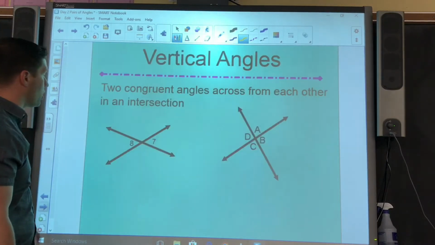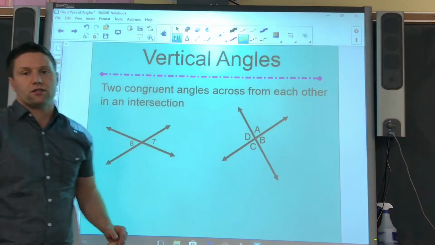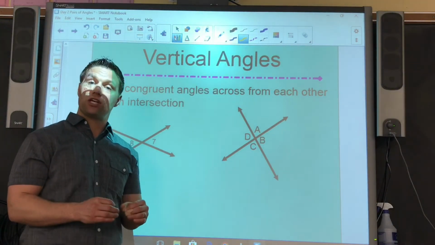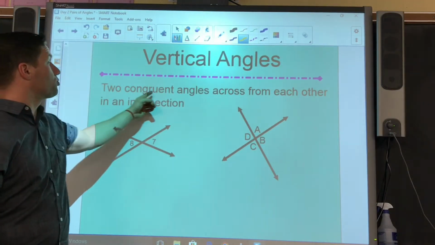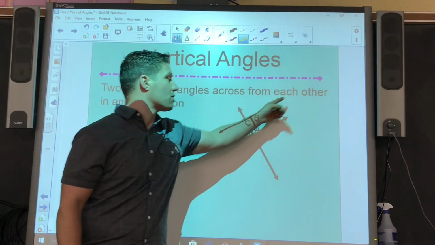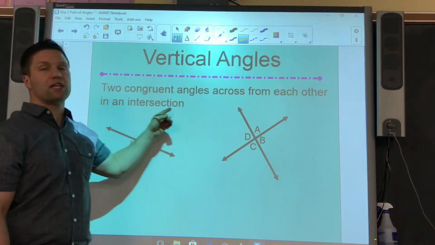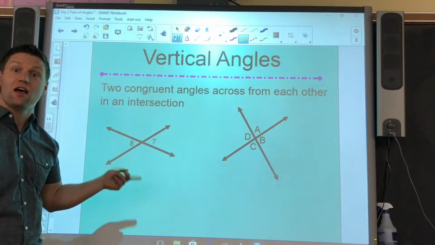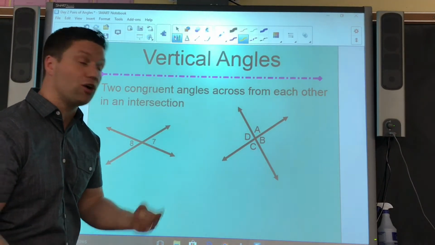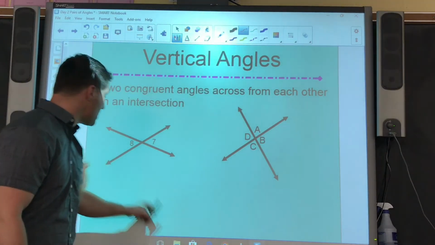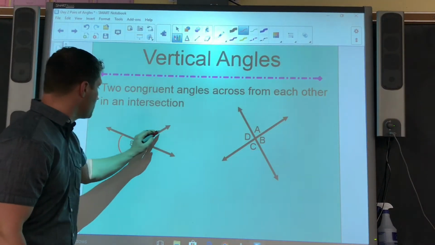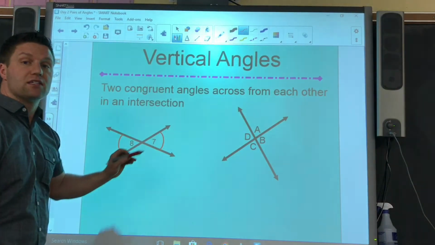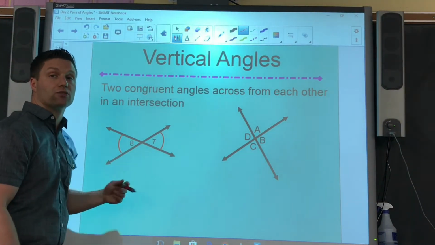Let's take another look. Vertical angles. This is another type of angle pair based on position: 2 congruent angles across from each other in an intersection. This is actually the picture we just said was not adjacent. That's because they're vertical. 7 and 8 are across from each other when these 2 lines intersect. 7 and 8 are congruent angles, or they're equal.